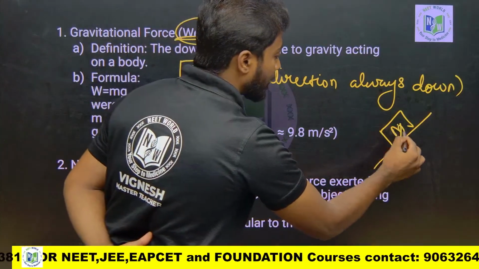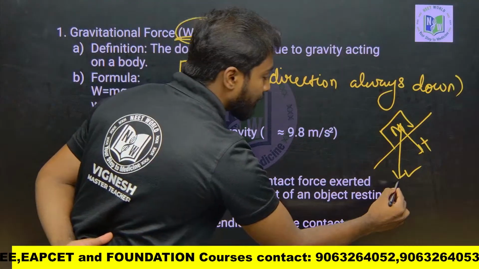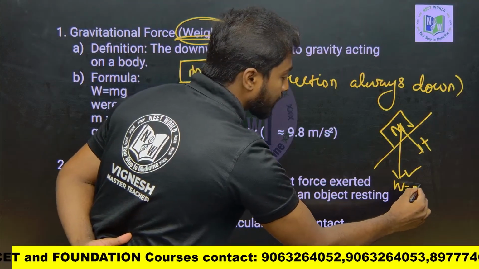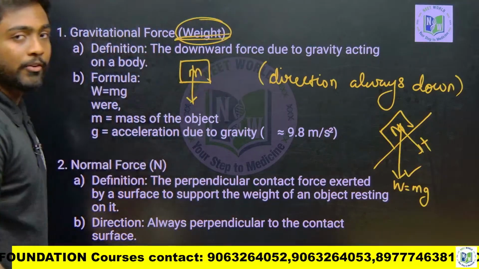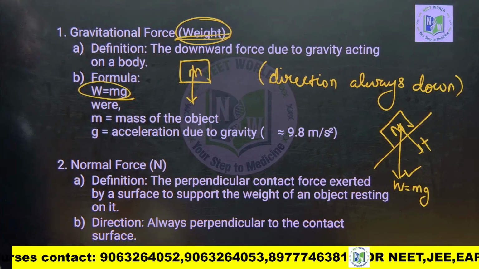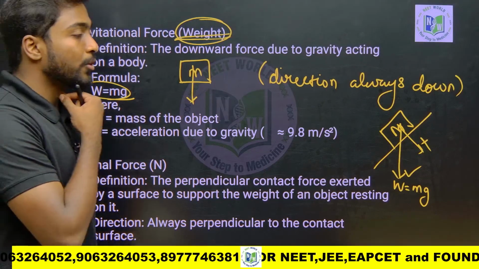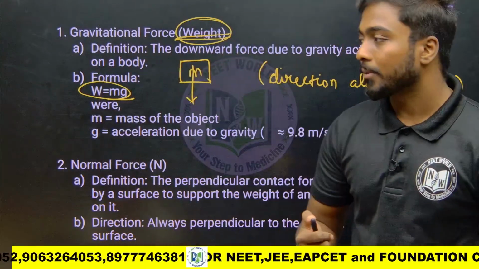I should not take it in this direction, that is wrong, and this is the correct way of representing the weight. So weight is nothing but mass into gravity. The formula is W equals mg, where m is the mass of the object and g is the acceleration due to gravity, which is 9.8 meter per second square.